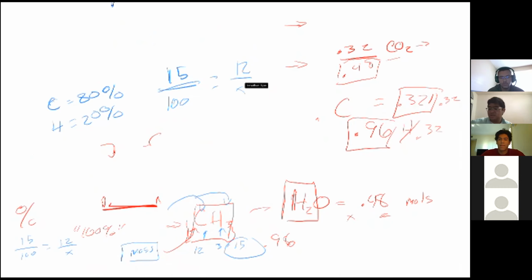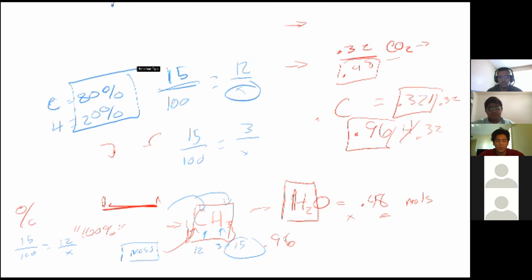And the same thing with the other side, 15 is 100, and then 3 hydrogens. How much does that make up? This would be your percentage, and it's looking like 80%, 20%. Everybody understand where I got that? Cool.